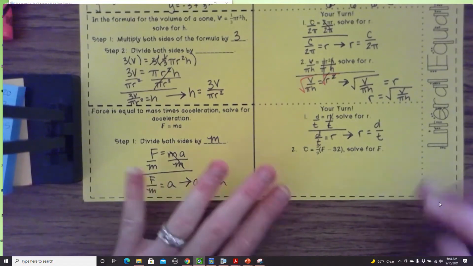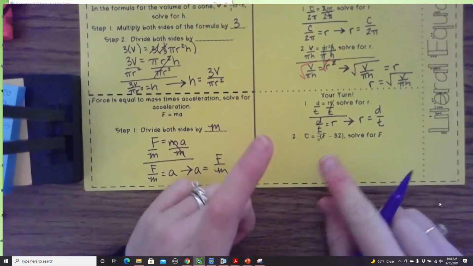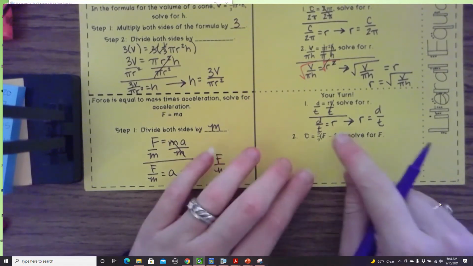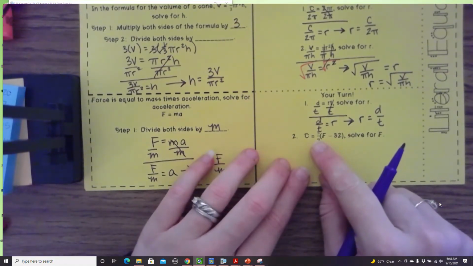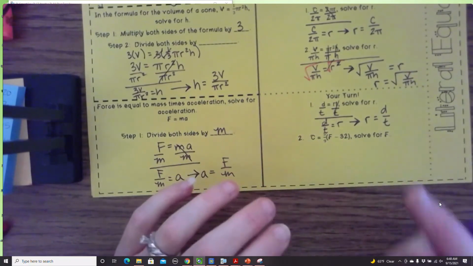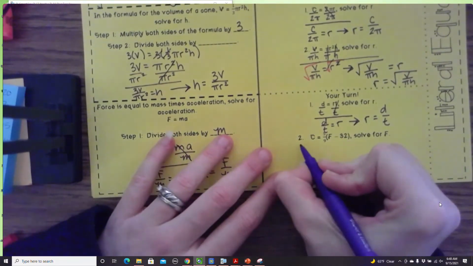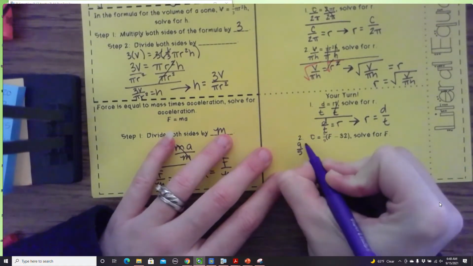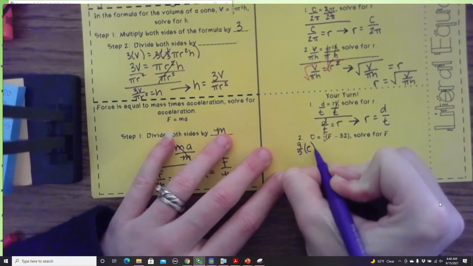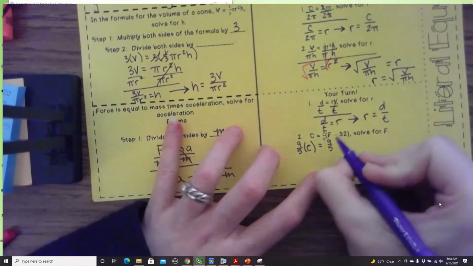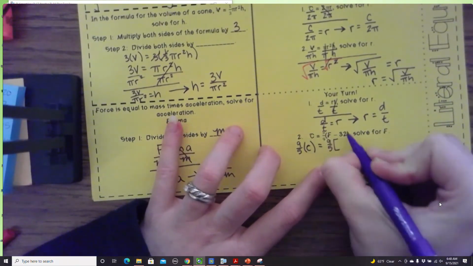And then finally, this is the formula to convert from Celsius to Fahrenheit. So my first step in this one, I want to get rid of this. I don't want to distribute that. So what I can do is I can multiply both sides by the reciprocal. So the reciprocal is 9 over 5. So I can multiply C by that. And then I can do 9 over 5 times this whole piece.